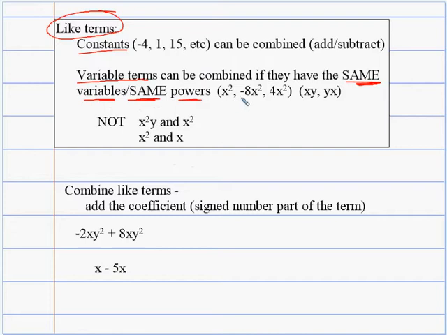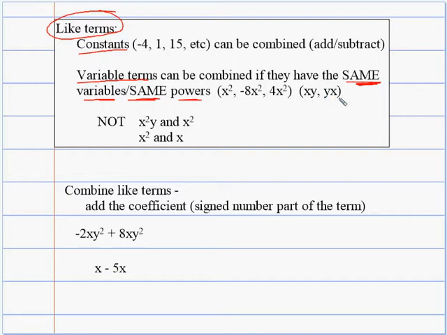Okay, and here's some examples. X squared, negative x squared, 8x squared, and 4x squared. They all have the same variable x, and it's all squared. Another example would be xy and yx. Those two terms have the same variables to the same powers.